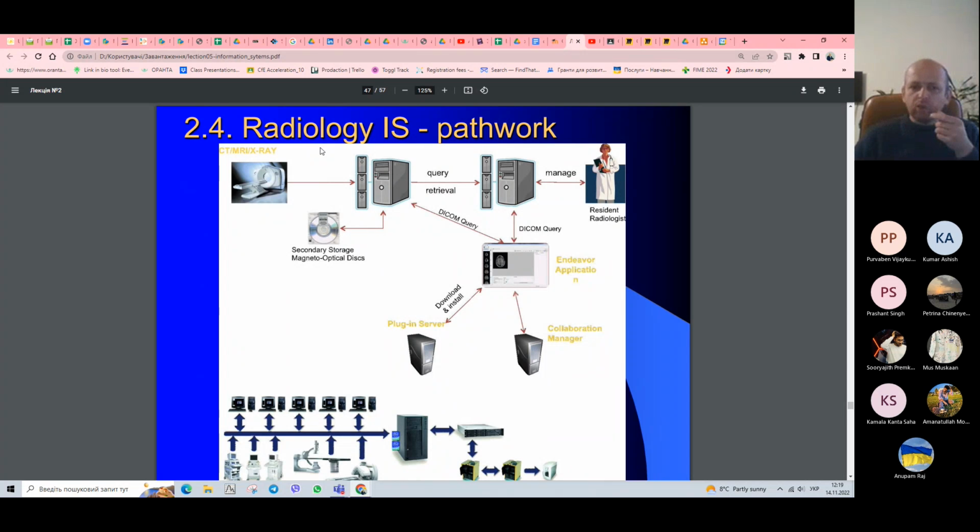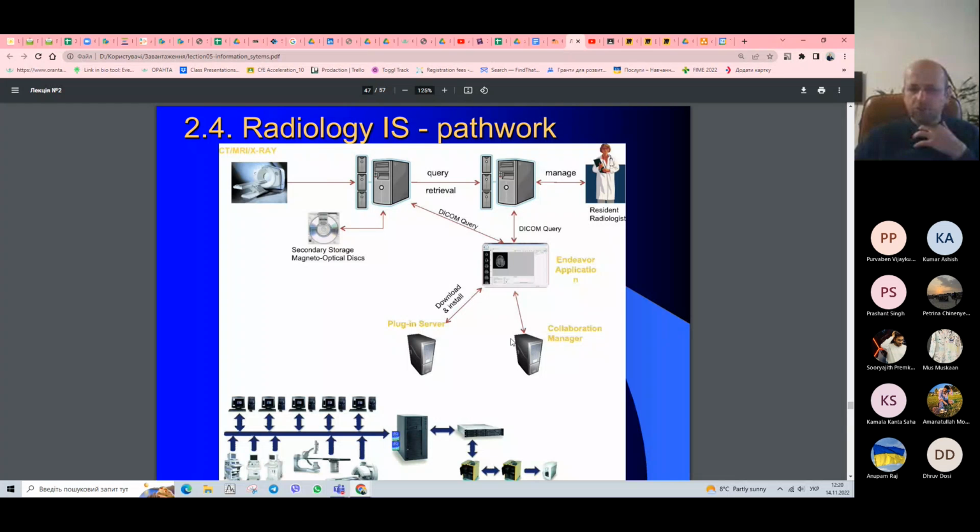You can find storage in some equipment, such as a computer tomograph or MRI, and a secondary storage, optical disk or another kind of storage. After that, there is hardware which sends data to the doctor's manager, the resident radiologist.